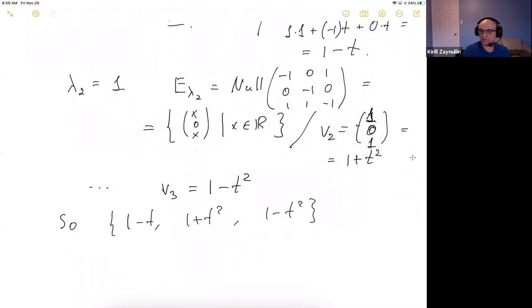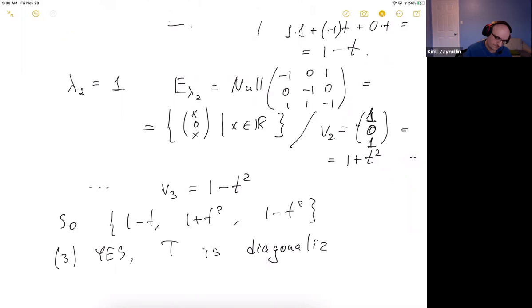The last question asks whether T is diagonalizable. And the answer is yes, T is diagonalizable, as, well, there are several criteria, but here one can use just a very direct one.